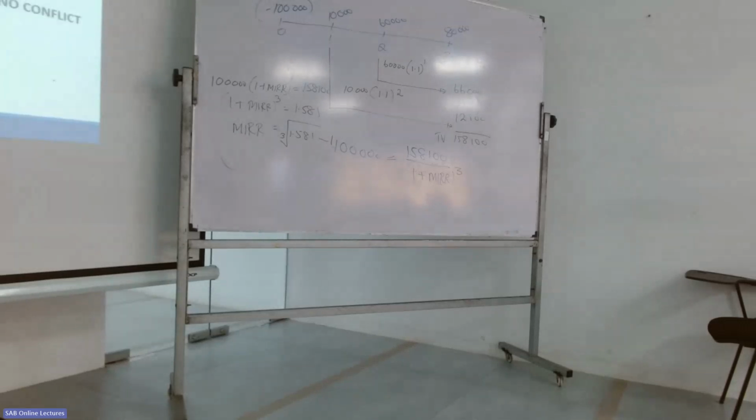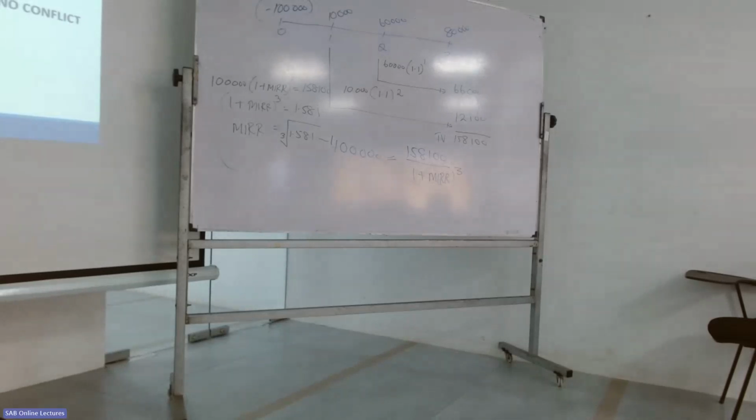Now if I go to this one, there is a conflict here. If the cost of capital is 5%, there is a disagreement between IRR and NPV. To solve this, you use this 5% as the discount factor.